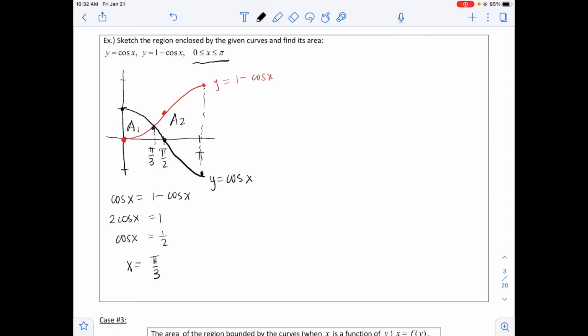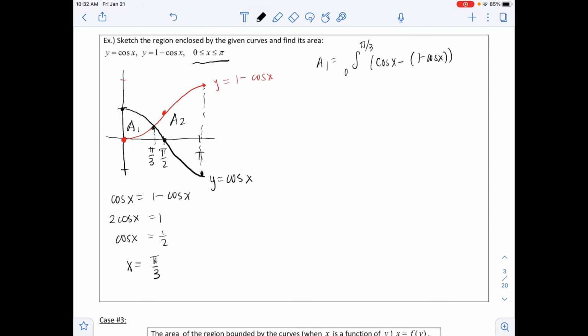So let's go ahead and find the area of A1 first. To integrate this, we're going to integrate from 0 to pi over 3. And then our top function, which for this problem is going to be cosine of x, minus our bottom function, which is going to be 1 minus cosine of x.